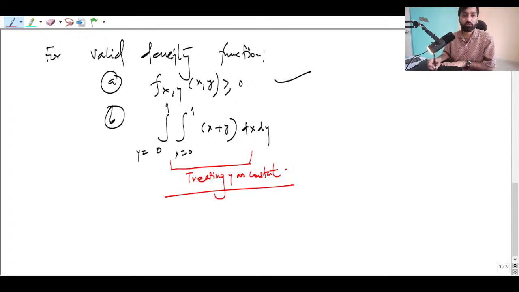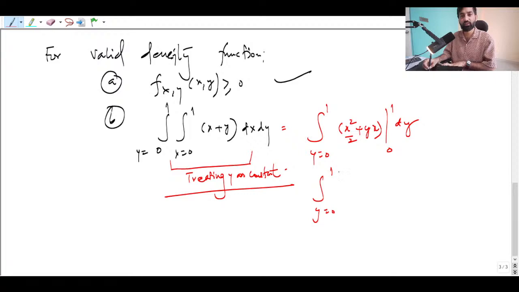So treating y as constant, with y from 0 to 1, this becomes x square by 2 plus yx, and you can use the fundamental theorem of calculus. You just plug in the limits, so this becomes, with y from 0 to 1, 1 by 2 plus y, dy.